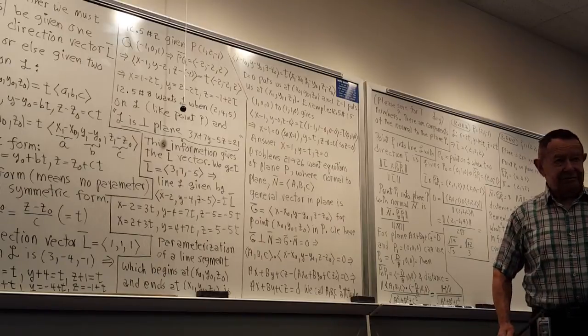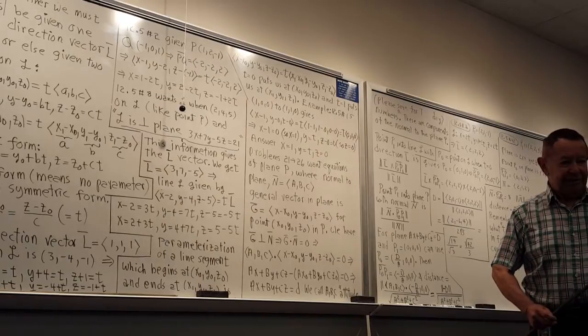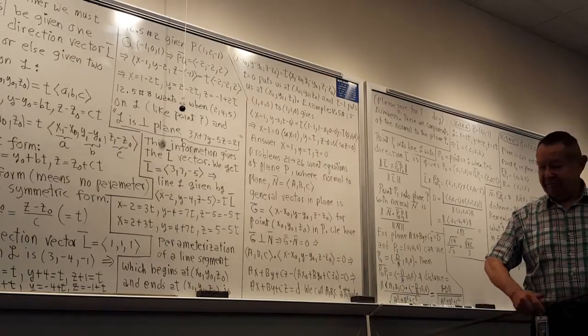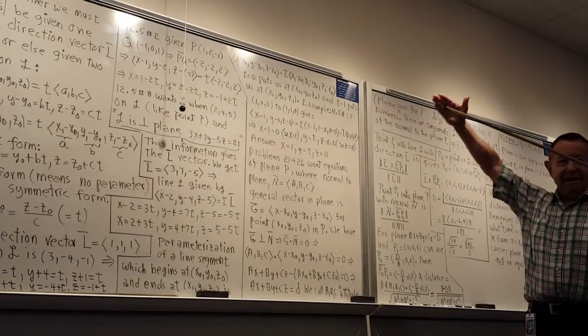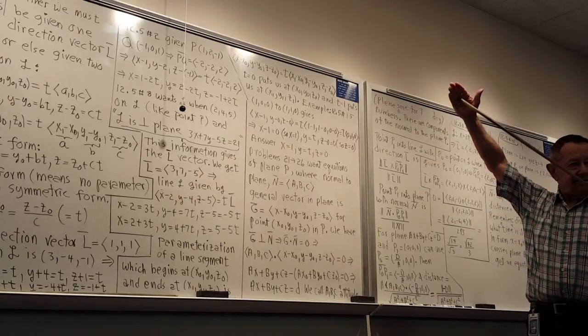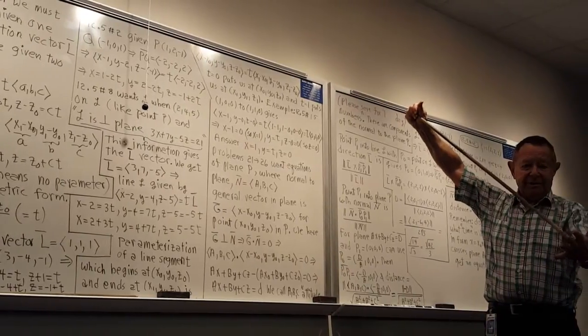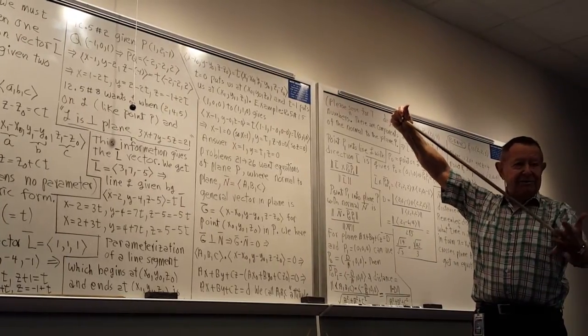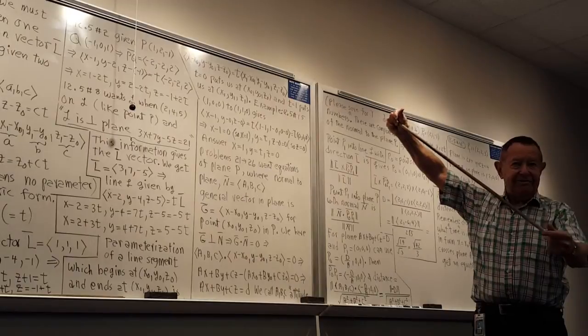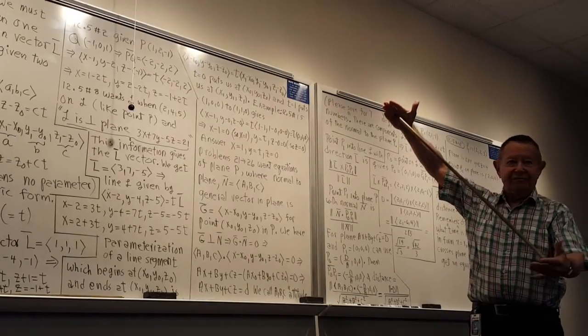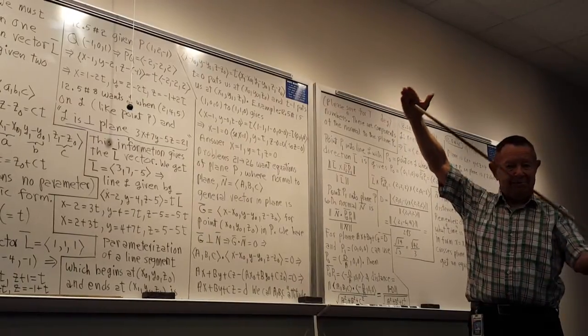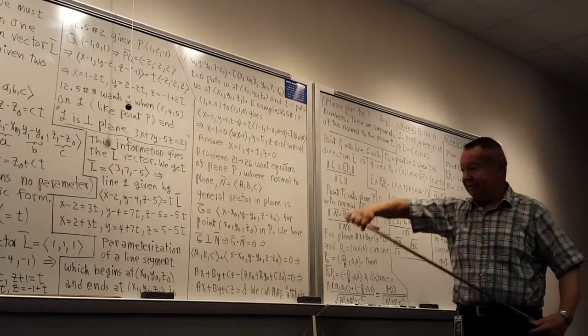So then your t will be limited in value, and you trace out the points from start to finish, say hand to hand, as t runs typically from 0 to 1. So typically at t equals 0, you're starting here at the left, and t equals 1, you're finishing up here, and this is your line segment.